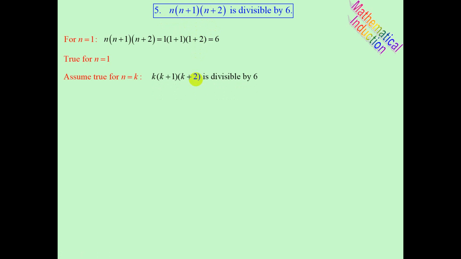Now we can't say add the k plus 1th term because that's not an equation. So instead we say for n equal to k plus 1, we have that, which is k plus 1 in those three places. I simplify it to there.